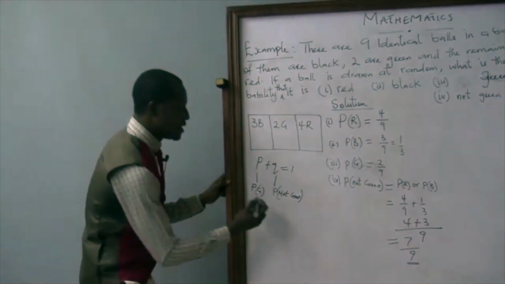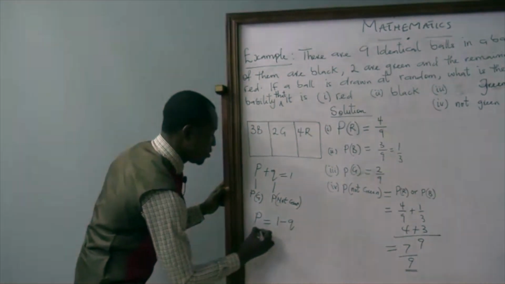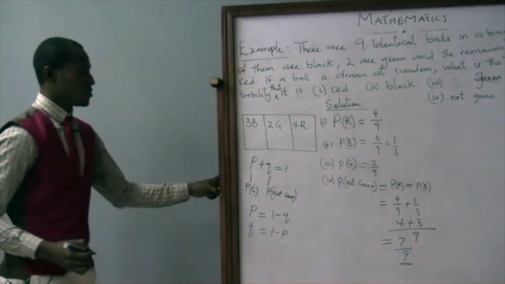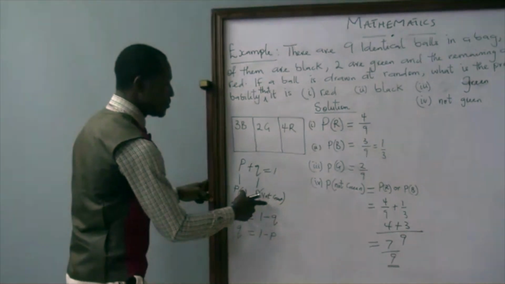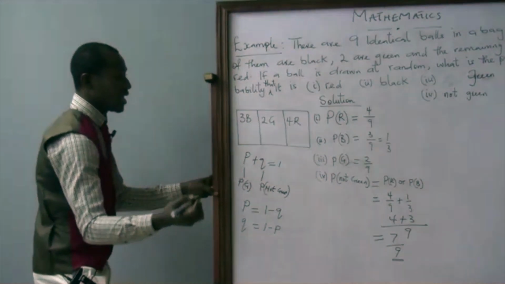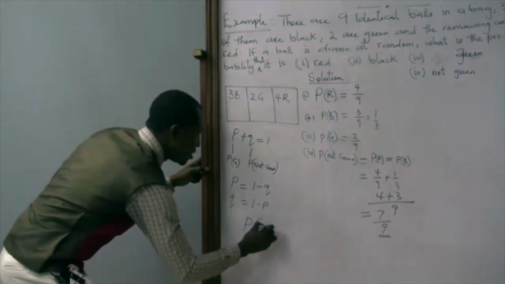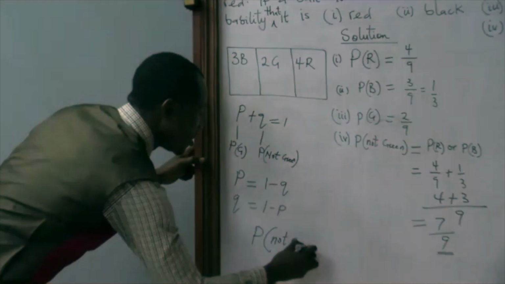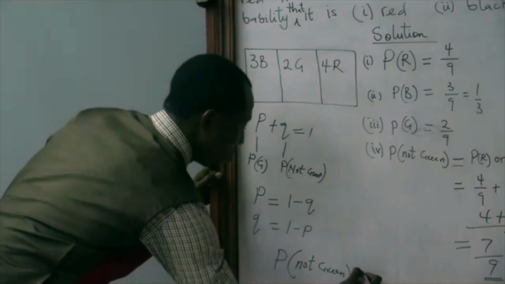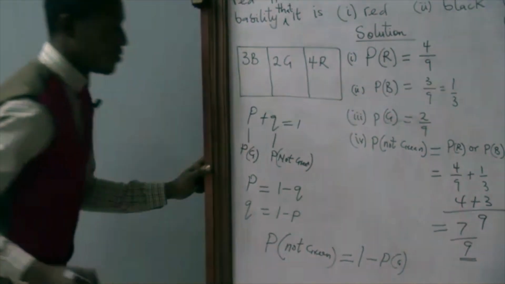And I said that P is 1 minus Q, and also Q is 1 minus P. So in other words, for me to get the probability of not picking a green ball, which is now standing as my Q, I just say it is equal to 1 minus the probability of picking a green ball.